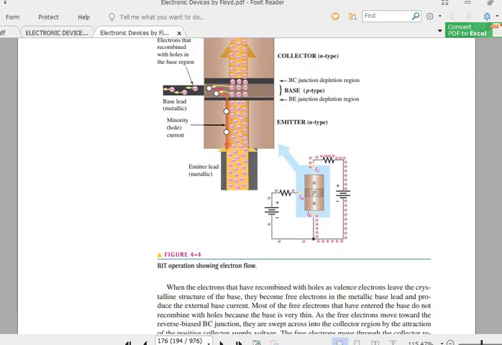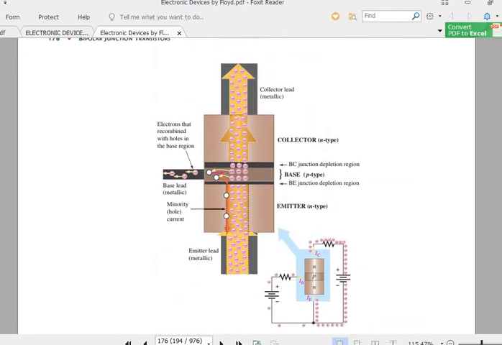So coming back to this figure, some current flows from here and the majority electron charges, or flow of electrons, are in this direction. So what happens?